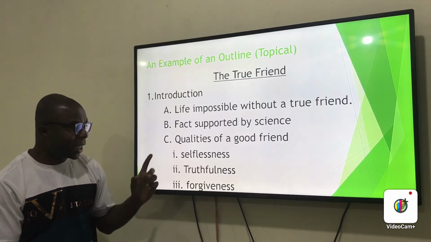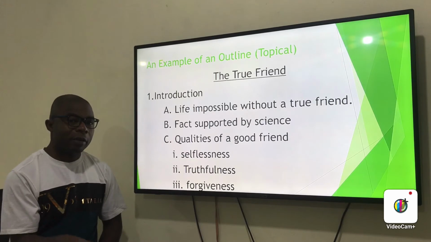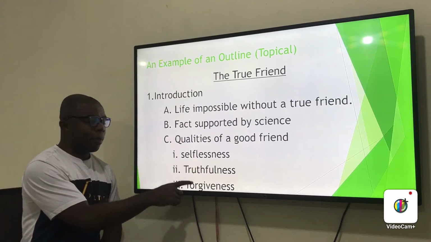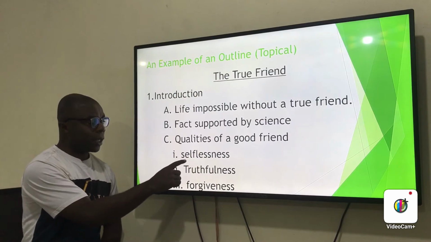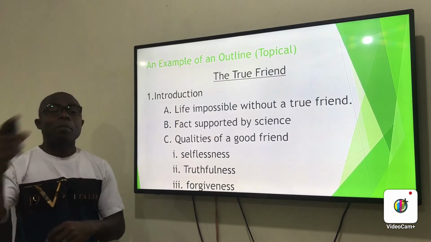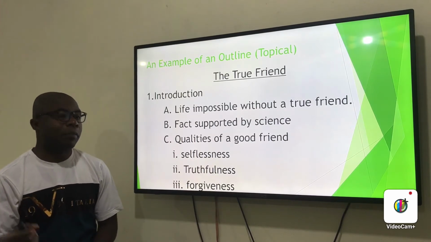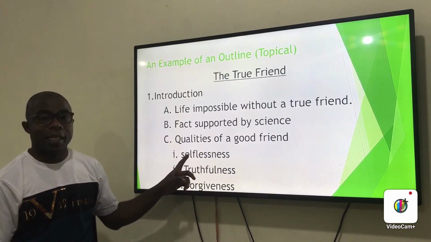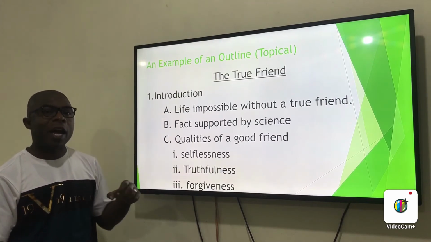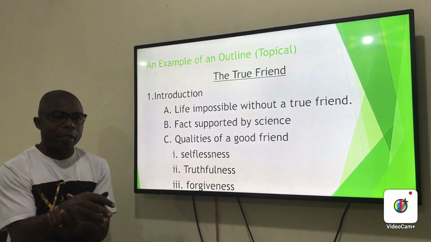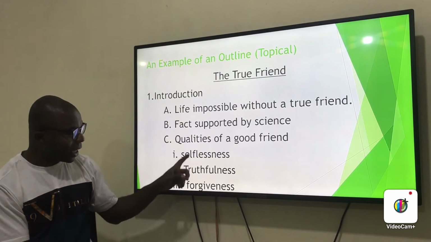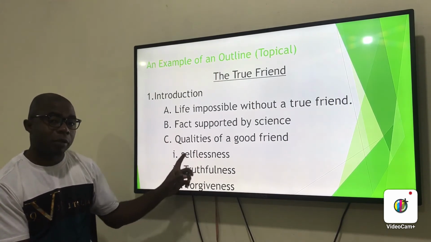So what it means is that we know the entire composition, the entire outline would be about these key points: selflessness, truthfulness, and forgiveness. And the next paragraph will definitely begin with selflessness, because it has been introduced in the introductory paragraph as one of the main things to be found in the body. So this is introducing the body for us.